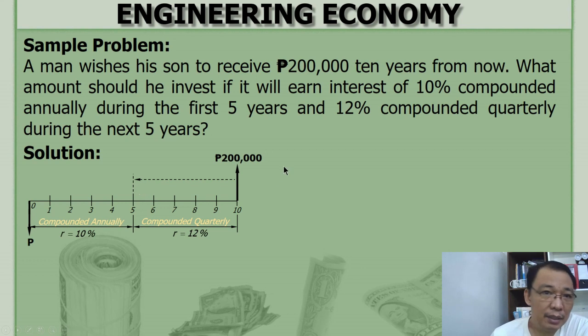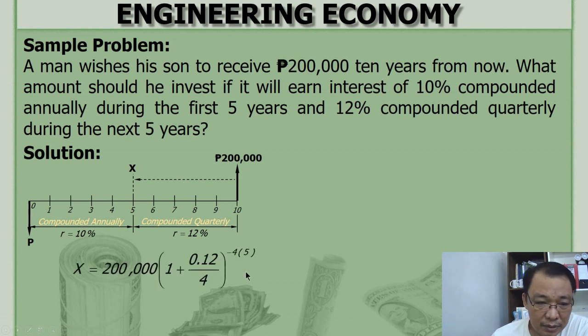Based on the diagram, this should be P and then F. F is always bigger than P. So let's assign this one as X. The X is your P, and then this will be your F. So the formula is P is equal to F times (1 plus i) raised to negative n.